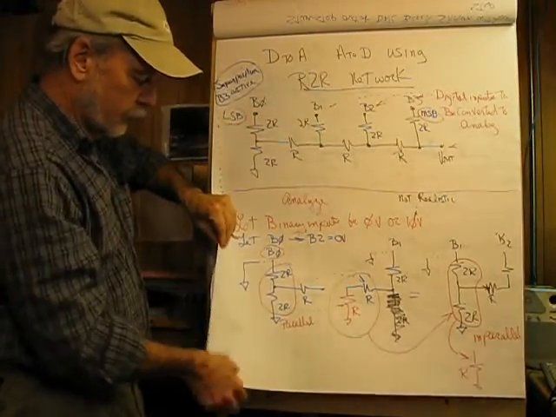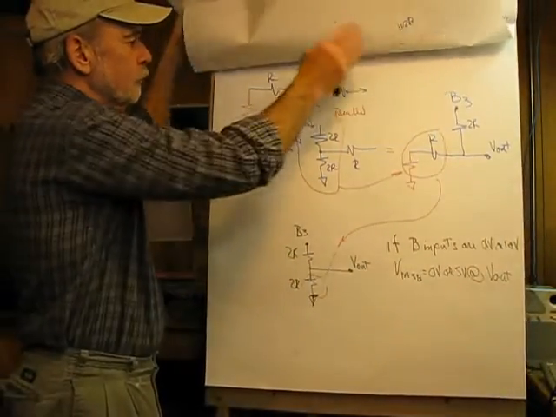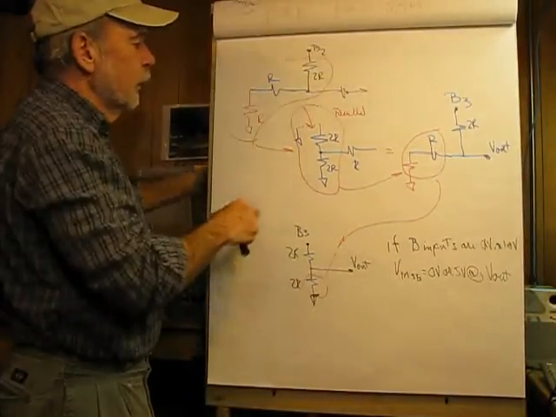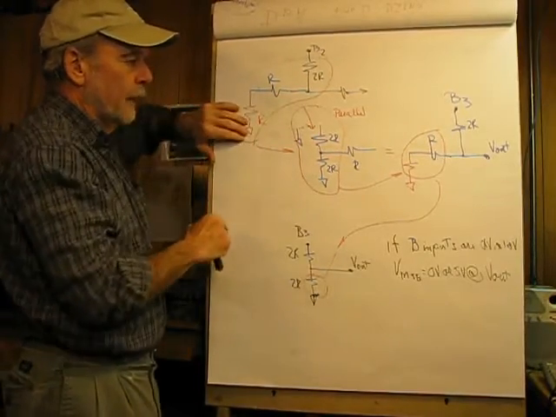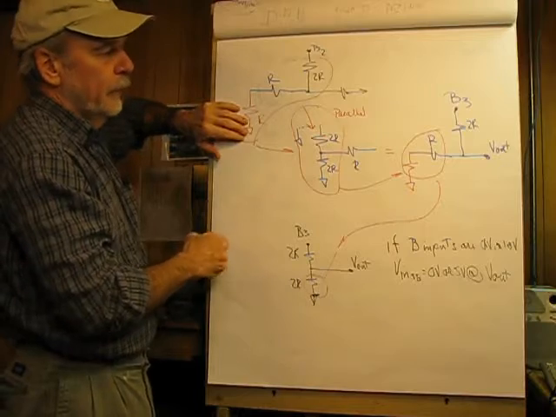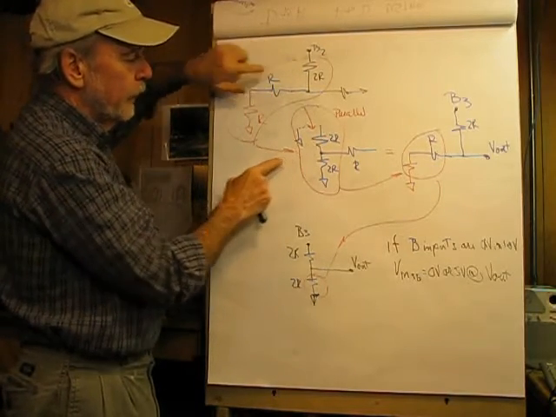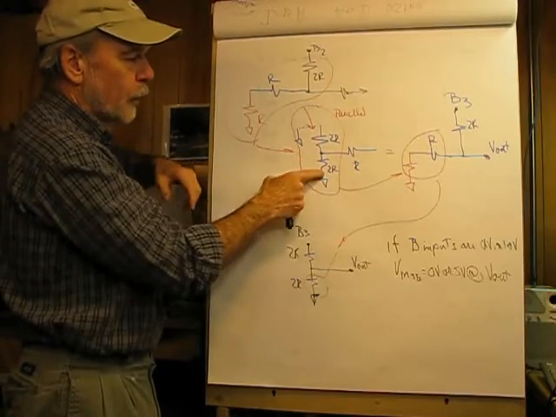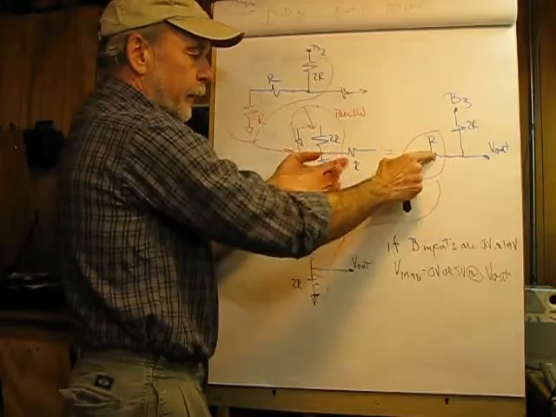So let's collapse a little bit more. This is the R feeding into B2, and this is the result of the collapsing we've done so far. Combining this, we have our 2R here, and R plus R is 2R here, and this is the R leading into our B3.